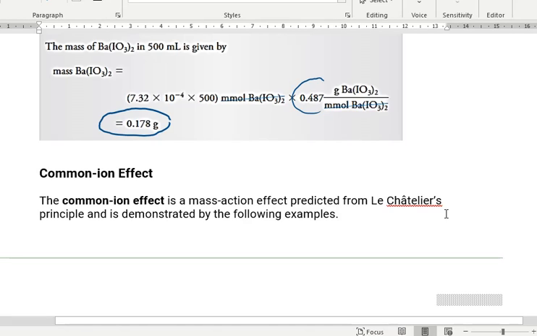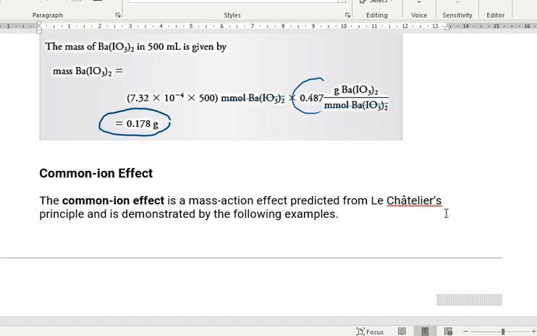Okay. So now, from the previous video, we only discussed the solubility of a salt, or the solubility of something that is in solution, right? So water dissolves a salt such as barium iodate, and that's it.